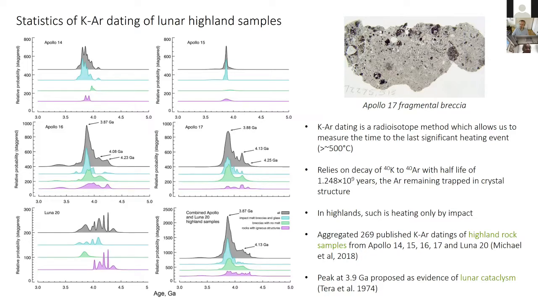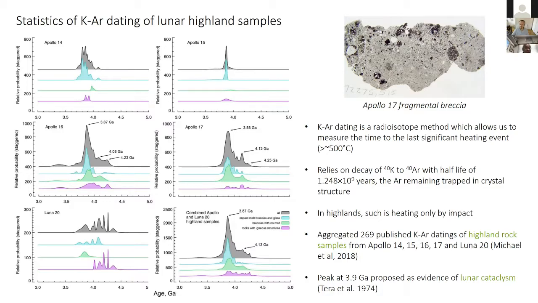Impact melt can be dated with the potassium-argon radioisotope method. This allows us to measure the time since that particular component was last heated. When we say heated, we're talking about something like greater than 500 degrees C as a heating event. Potassium-argon dating relies on the decay of potassium-40 to argon-40, which has a half-life of about 1.3 billion years.